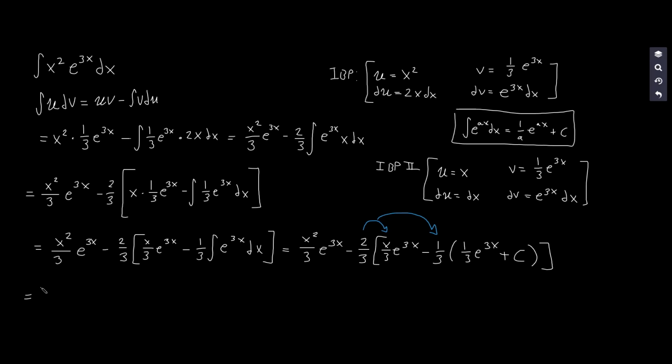And this is going to equal x raised to the power of 2 over 3 times e raised to the power of 3 times x, minus 2x over 9 times e raised to the power of 3 times x, plus 2 over 9 times 1/3 times e raised to the power of 3x, plus c.